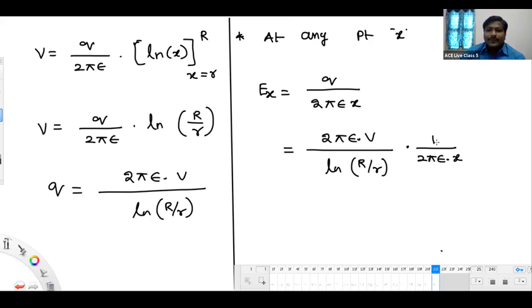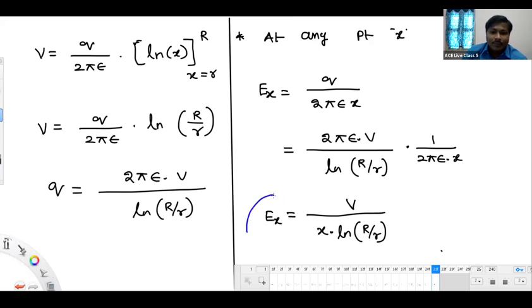And the 2 pi epsilon will be cancelled out. You will get V by x into ln of capital R by small r. That is the expression for electric field intensity at any point x.